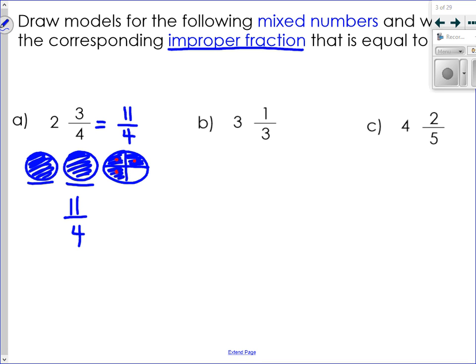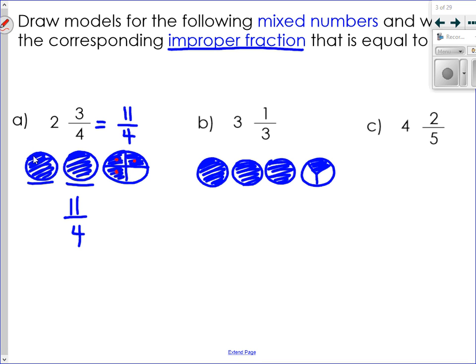Okay. Let's draw a picture for 3 1/3. So here's 1, 2, 3 that would all be shaded, and 1/3 of this one is shaded. All right, so how many thirds is that all together?